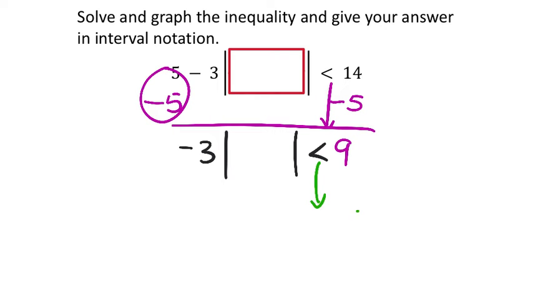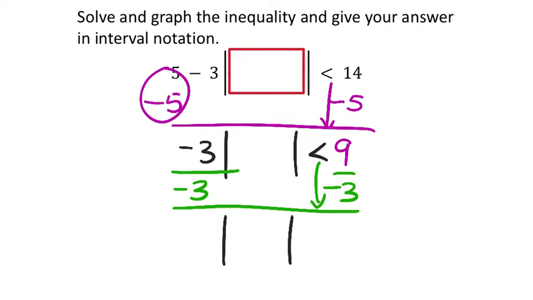But now I'm going to take that -3 and divide it by itself to make it a phantom 1. But if I do it to one side, I got to do it the other side, right? So this one ends up being some absolute value. We divided both sides by this negative, so that's going to flip the inequality to a greater than symbol. But we now have 9 divided by -3, which is -3.